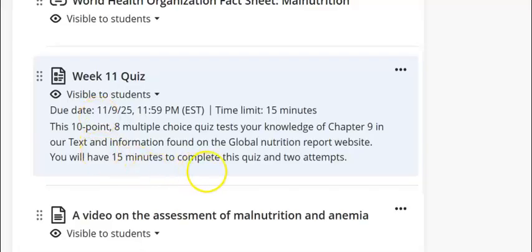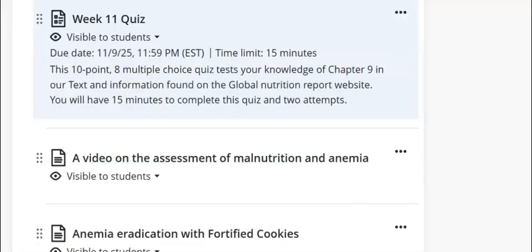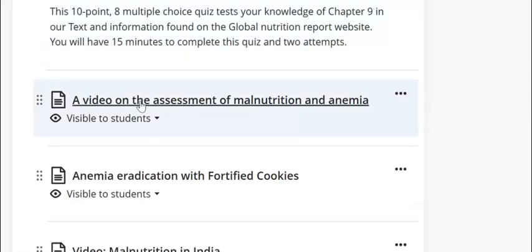You're going to have 15 minutes to complete, but you have 2 attempts. So what I recommend is, even though I have the quiz here, and usually it's just on your text, all of the learning activities will help you in completing this 10-point multiple choice quiz. So you might want to wait until you're done and take the quiz as the last one.